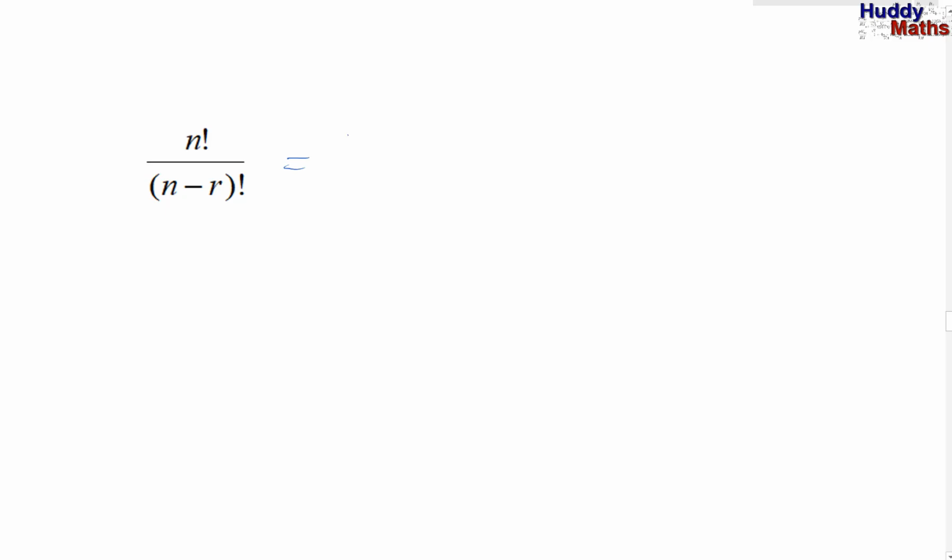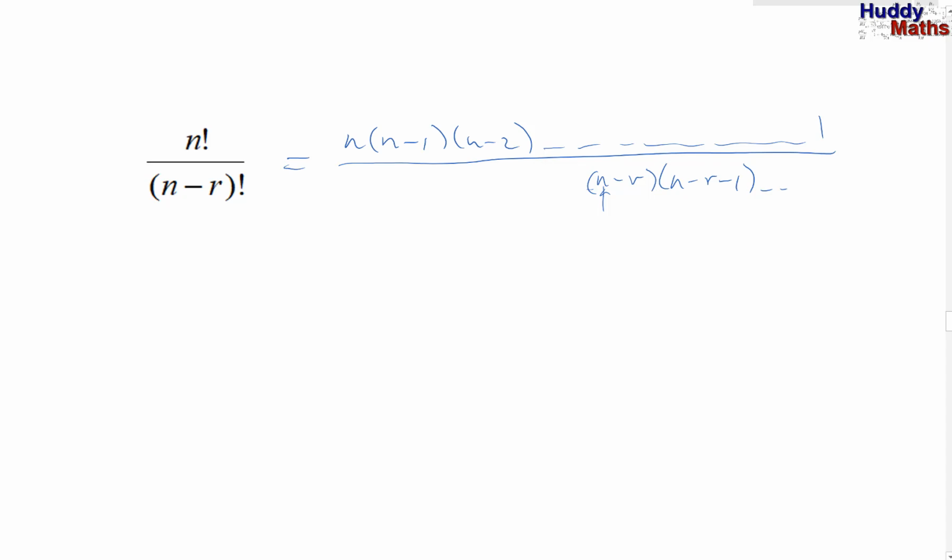Here we are back again. Let's write it down here now. n take 1, n take 2 goes right down to 1. It's a big one. n take R, oh, it starts somewhere down here. n take R by n take R take another 1, right down to 1. So what would the term be in front of this one?